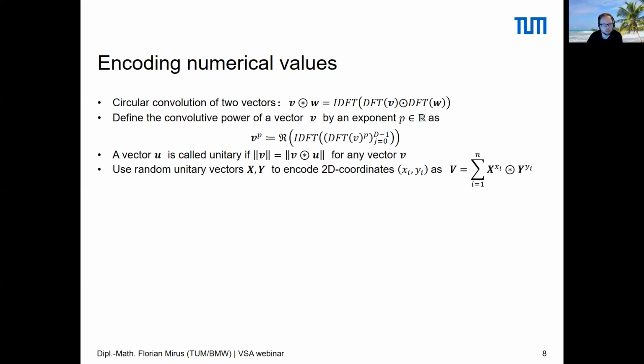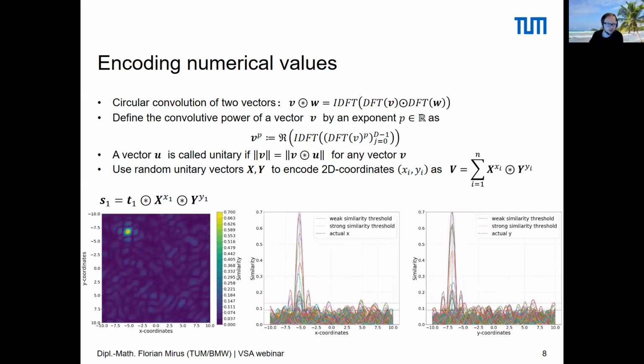And so this puts us in the situation to finally encode 2D coordinates x_i and y_i by simply taking the convolutive power with random unitary vectors x and y, convolve them together, then we have the representation of one numerical vector, and to encode a series, we simply sum them up. And this is how this representation looks like.